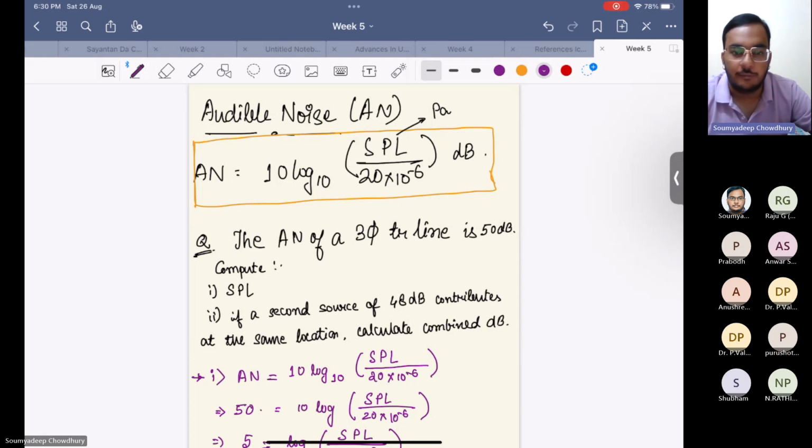And suppose if you have two sources, one source of 50 dB, another source of 48 dB. So the total audible noise you cannot add directly. So what you have to do is you have to find out for both the sources the equivalent SPL in Pascal. Then you have to add them. So that will be the combined audible noise in Pascal. So then you have to convert that SPL in Pascal to SPL in dB using this formula again.